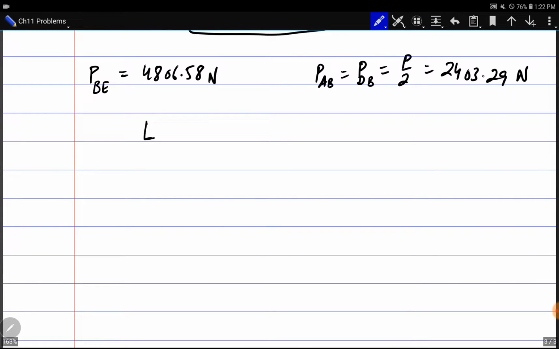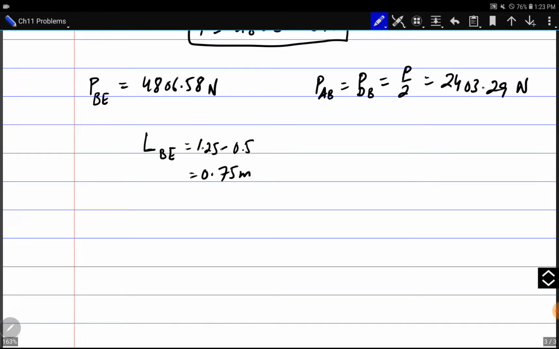Length of BE, as I have discussed earlier, is 1.25 minus 0.5, so it is 0.75 meters.